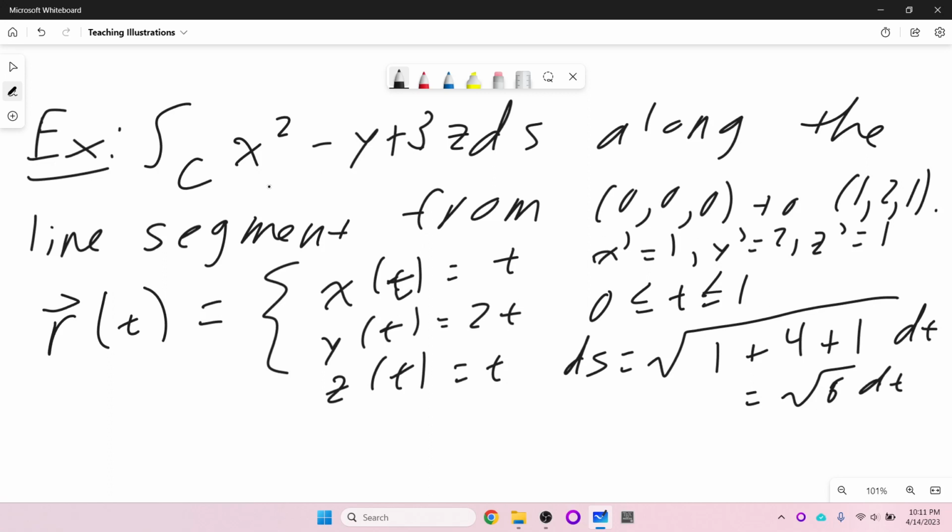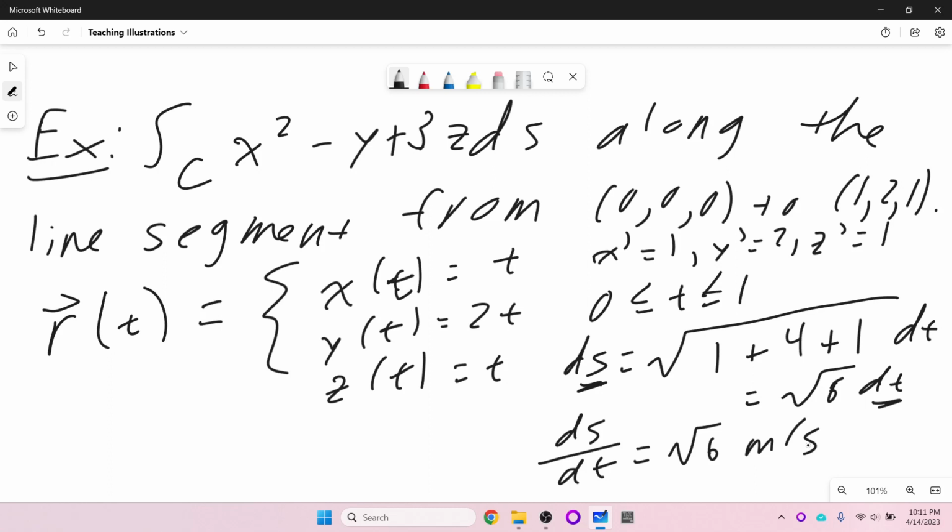So I like to think this is like a unit conversion. What this is saying is that s is distance traveled, t is time. ds over dt would then be something like root 6 meters per second. And so the idea is that we are starting off in seconds, and we multiply by speed to get in terms of meters.